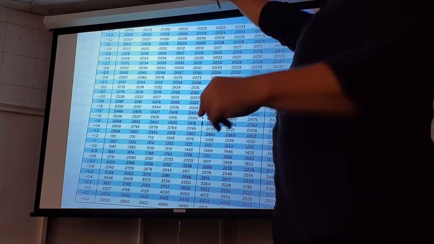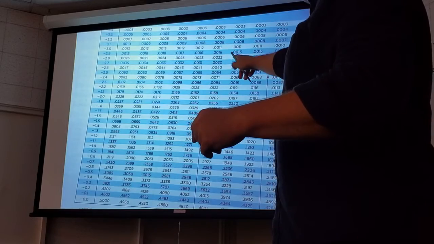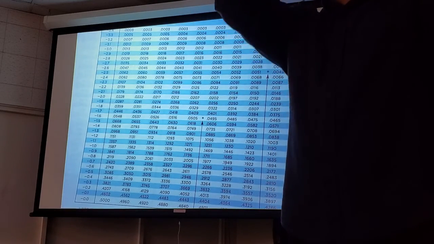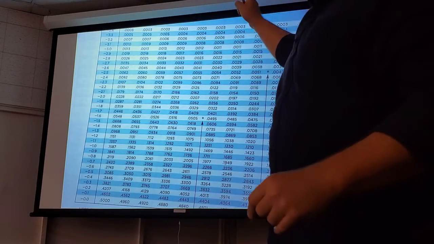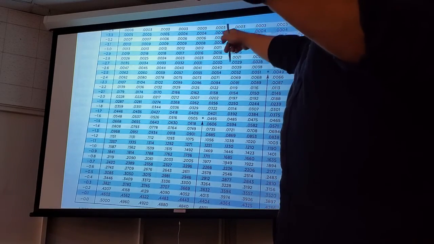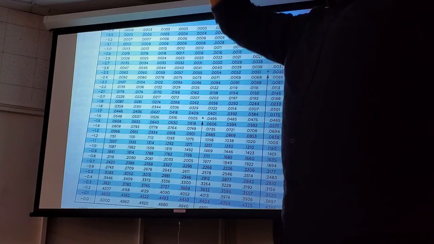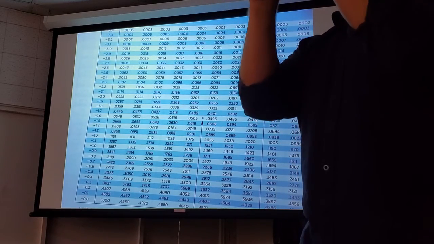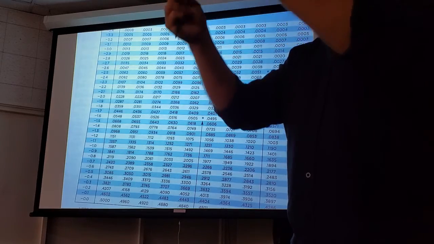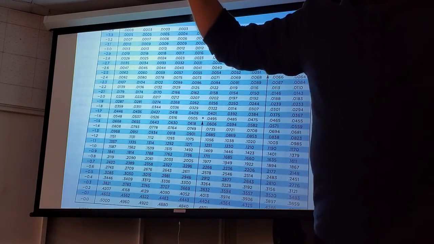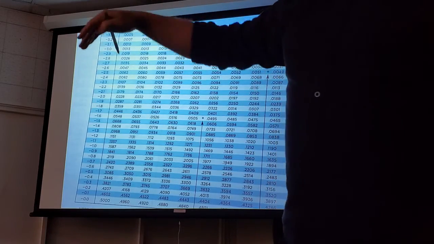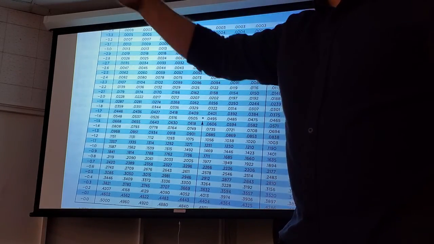I see why it grows as I scan down this, because I'm getting closer to the middle and I'm getting more below me. So the way this thing is set up is when I look up a z-score, I get the area below it. That's why if my question doesn't say probability less than something, I got to do something. If it's between two, I got to subtract two things. If it's above, I got to do one minus the thing. I got to adjust what the chart tells me.